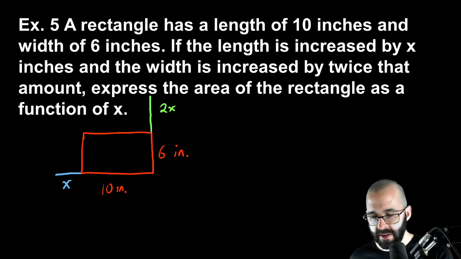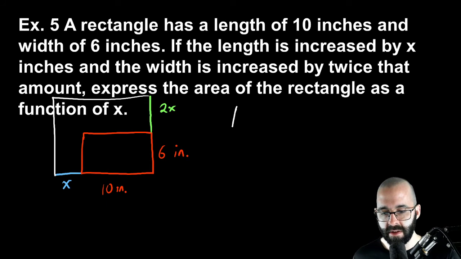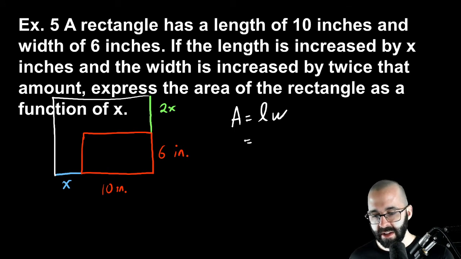All right, so now we have this big rectangle. So what's the area of the big rectangle? Well, it's length times width. What is the length? Well, if blue is x and red is 10, the length is just x plus 10.